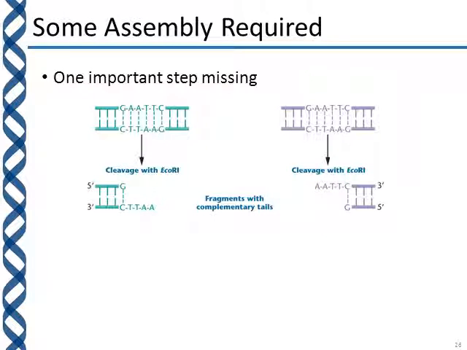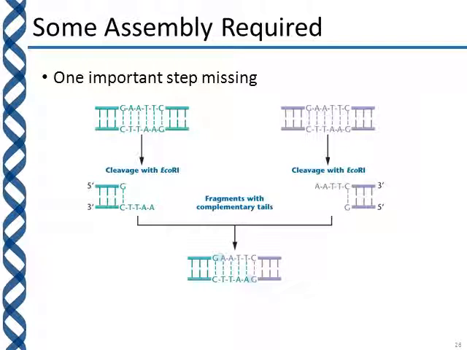So again, it shows you in a similar fashion. This is our section of DNA. It's been cleaved with EcoRI. It generates fragments with complementary tails or sticky ends. These sticky ends that complement each other will bind. But if you note, there's one component missing.